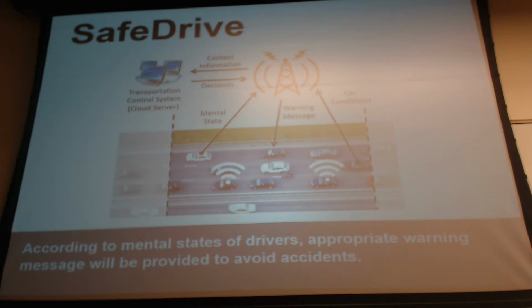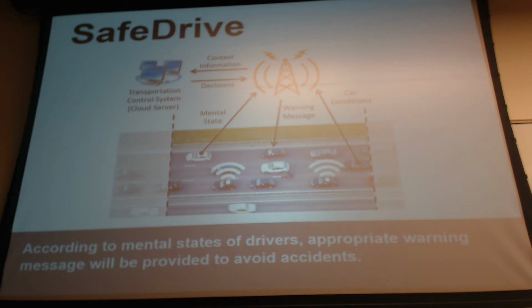Or it can also use the video cameras in the car to detect the surroundings of this particular car. All this information can be used to detect impending collisions. Impending collisions means that within 2 to 3 seconds or within 5 seconds it is predicting that this car might collide somewhere.